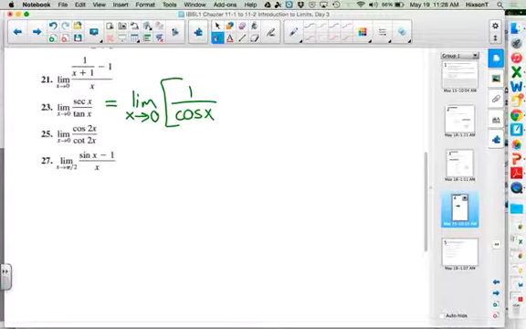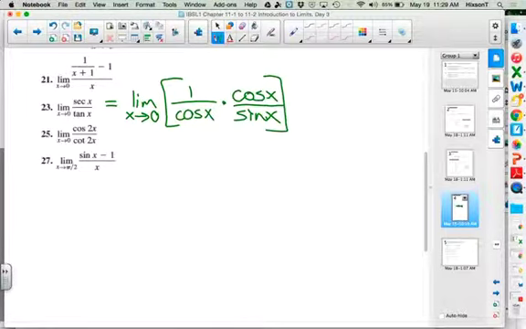Then we're dividing by tangent, which is sine over cosine. That's the same thing as multiplying by cotangent, which is cosine over sine. See how we flip and multiply?